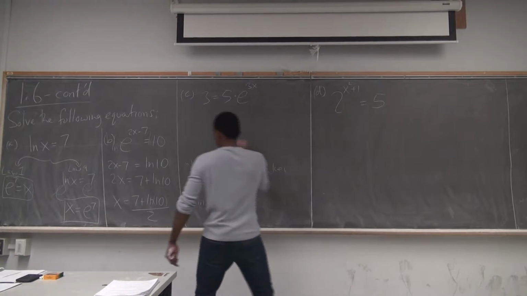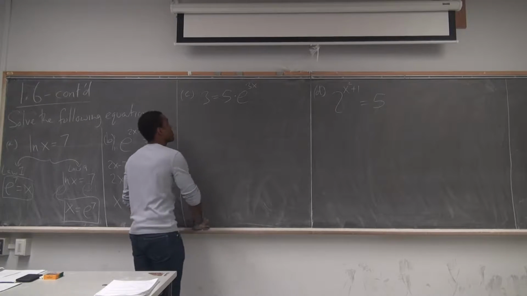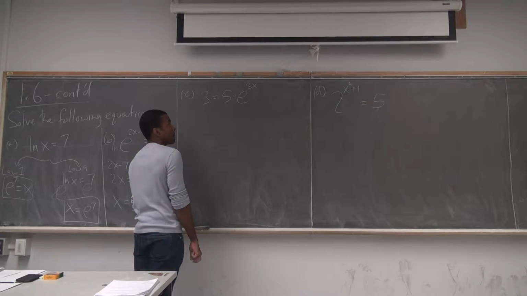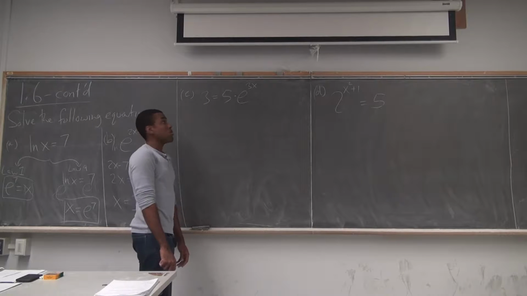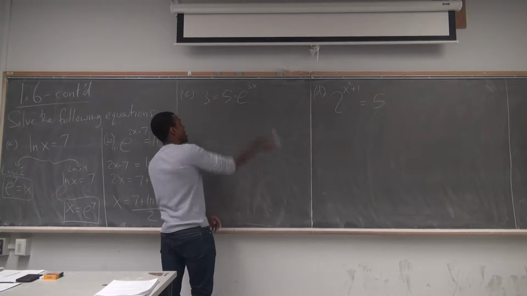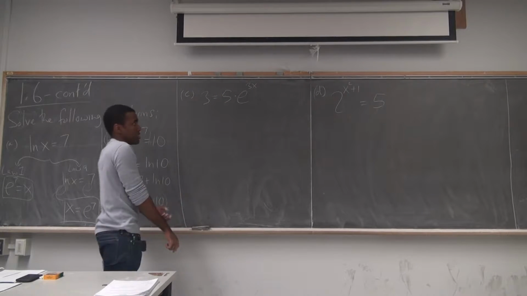Okay, what about this one? What about 5? Sure, we want to get to the x, which means we want to isolate it, so we start getting rid of everything, right? So here's a 5 hanging out, has nothing to do with the x.